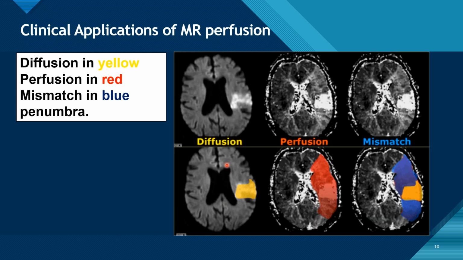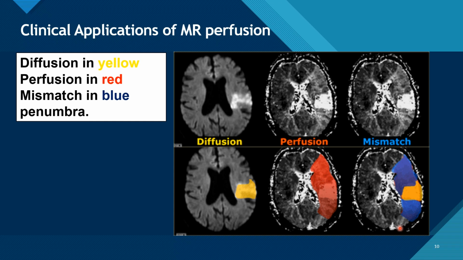Here we have our diffusion restriction in yellow, which represents our necrotic infarct core. Second of all, we have our perfusion map, which represents the area of ischemic tissue, whether it is completely necrotic or only hypoperfused or penumbra, area under risk, which is represented in red.